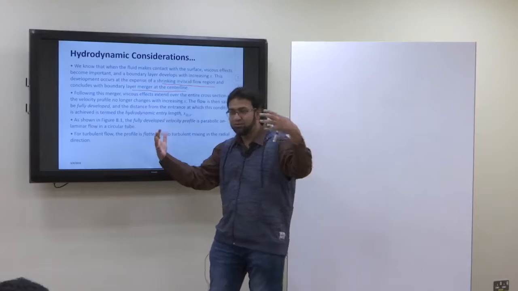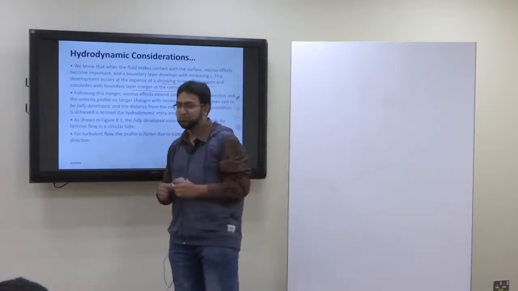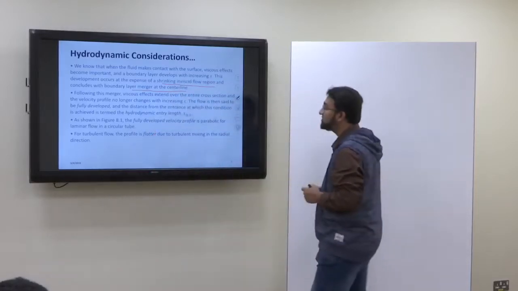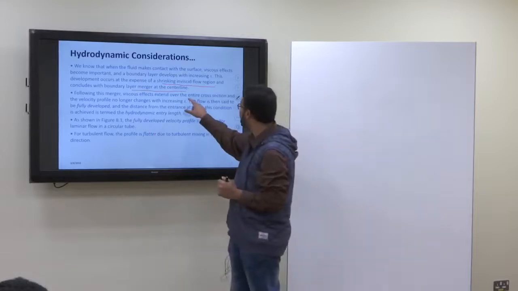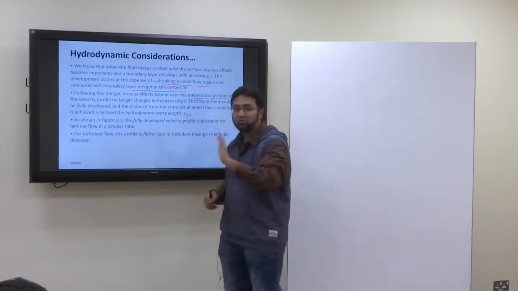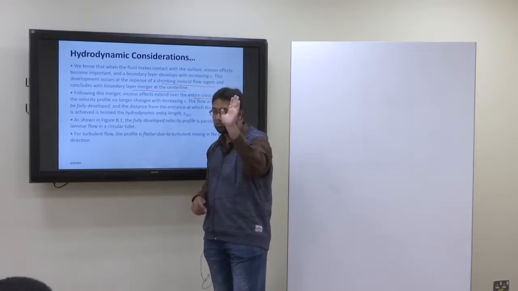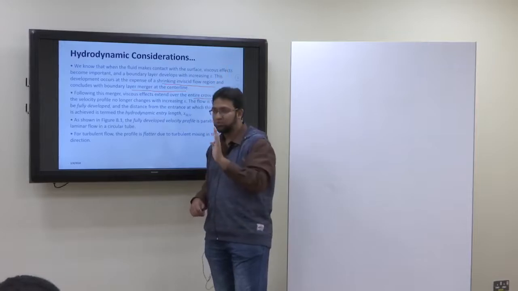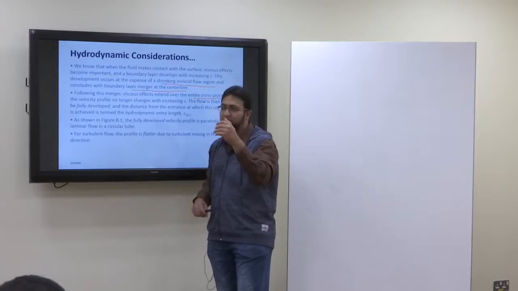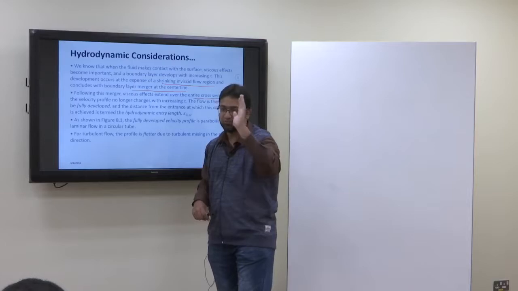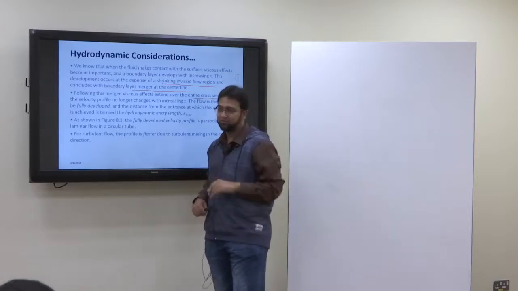At the center line, all the boundary layers merge together. Following this merger, viscous effects extend over the entire cross section. So now there is no inviscid region. The complete region is the boundary layer region. Viscous effects are there from the top to the bottom. There is not even a single region where the viscous effects are not there once it is fully developed.